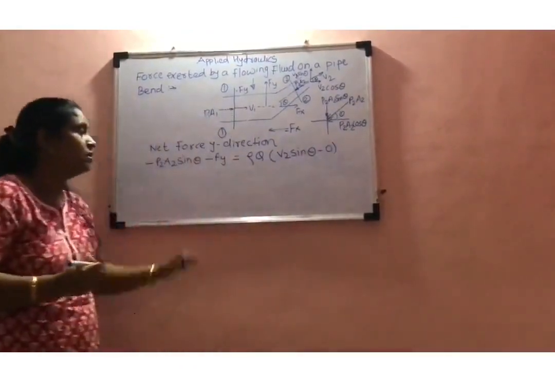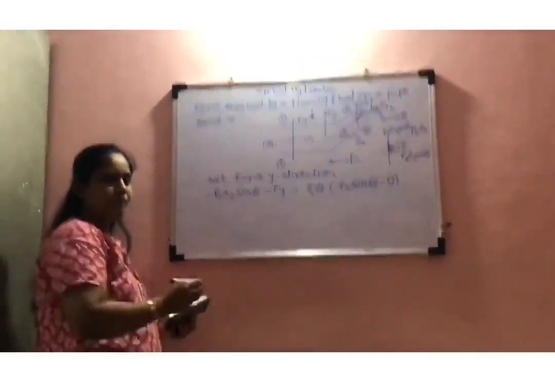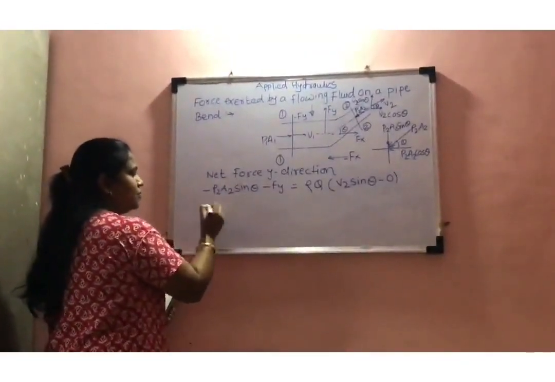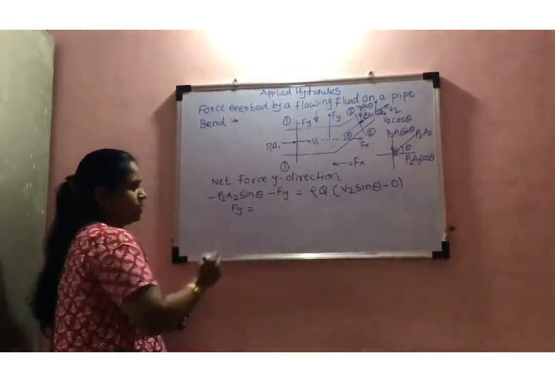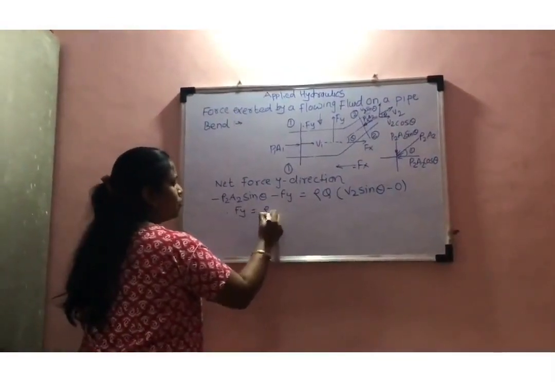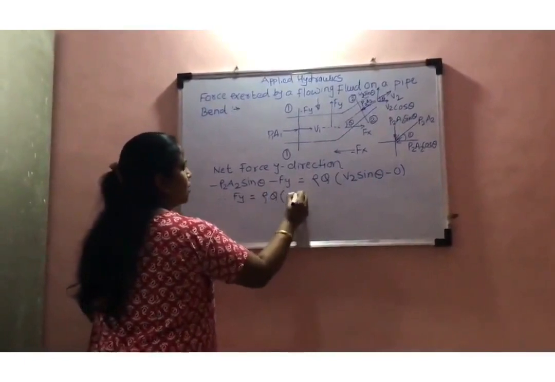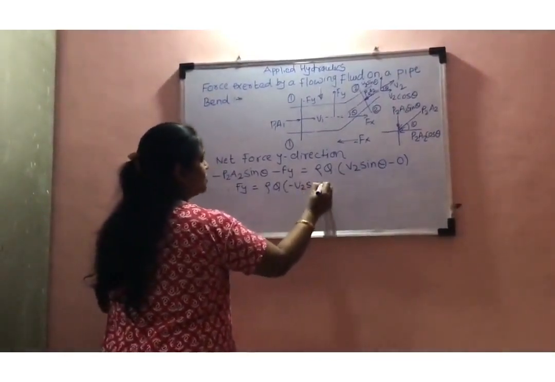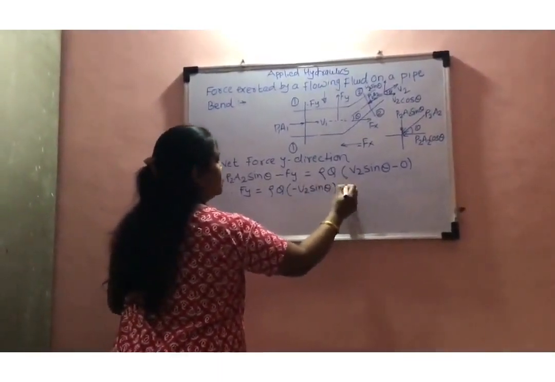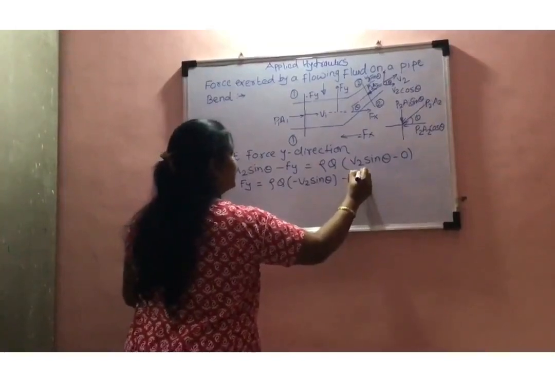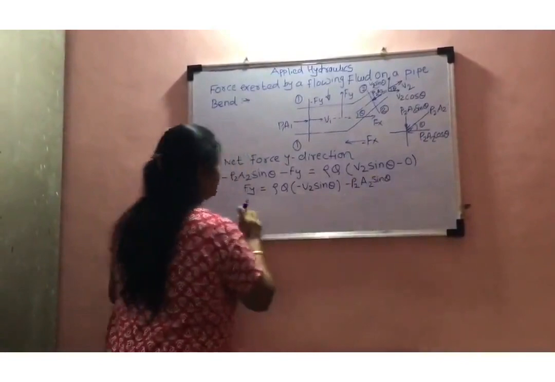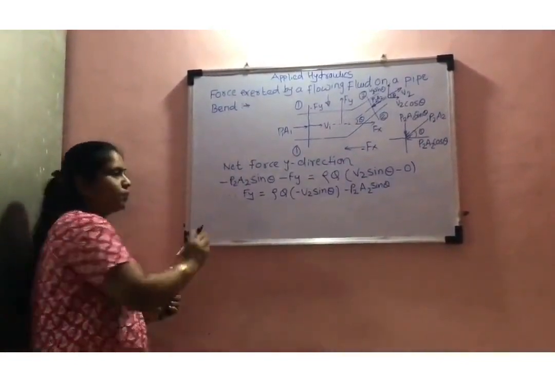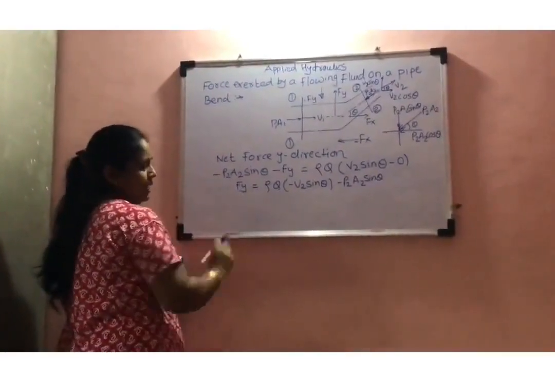Along the y direction, the net force will be rho Q V2 sin theta minus P2 A2 sin theta. From this we can find the force along the y direction.